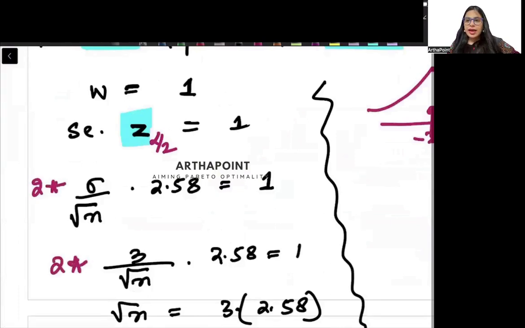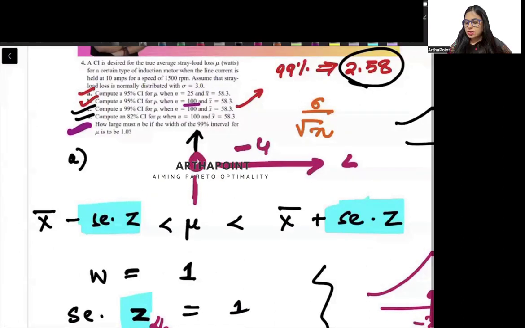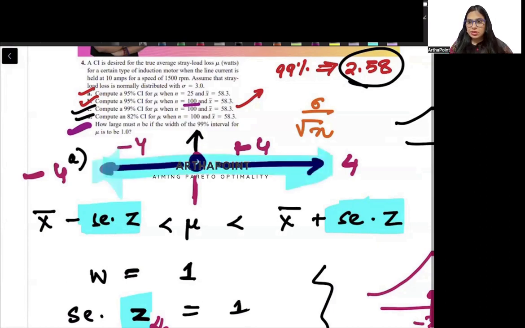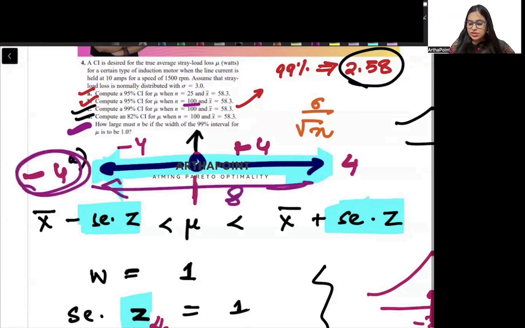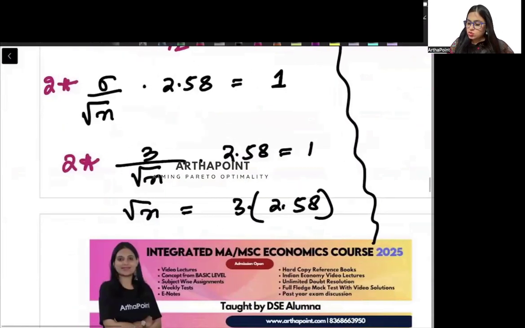If this does not make sense, think that my mean is 0, and I subtract 4 from it and add 4 to it, and I tell you this is the width. What is the width? The width is not 4. The width is this entire 8 units. The gap between this and this is the width. We are subtracting, so it is going below, and we are adding, so it is going above. The entire gap is the width, so for width, we multiply with 2 also.